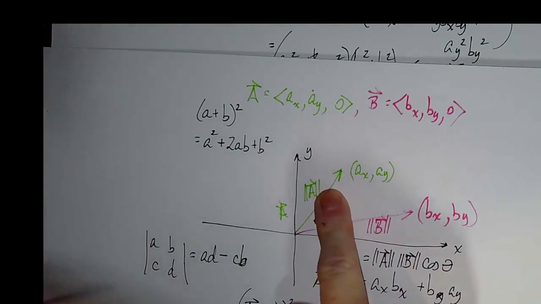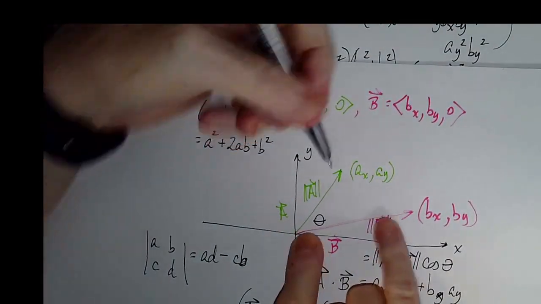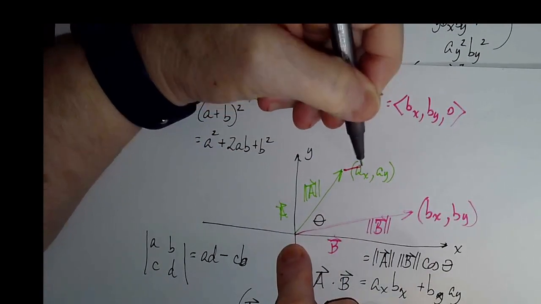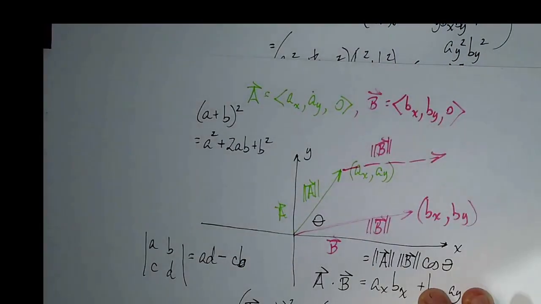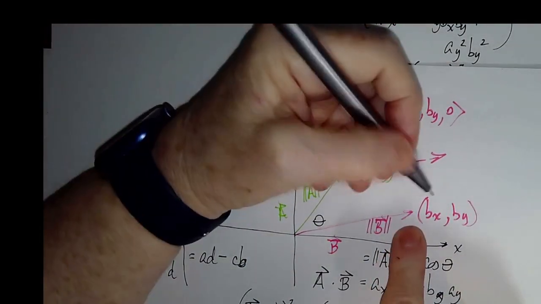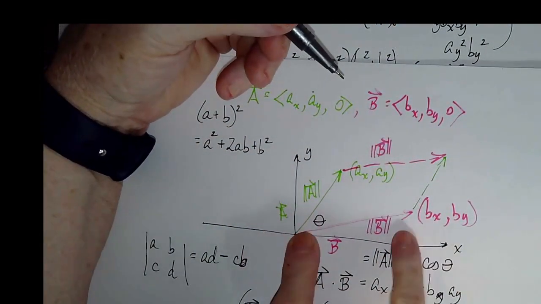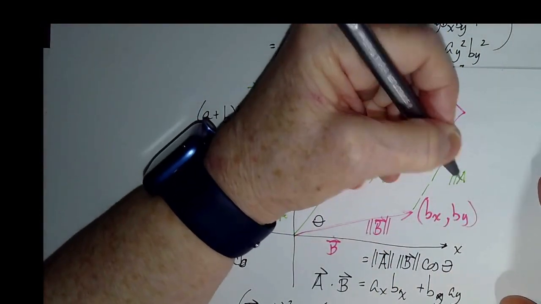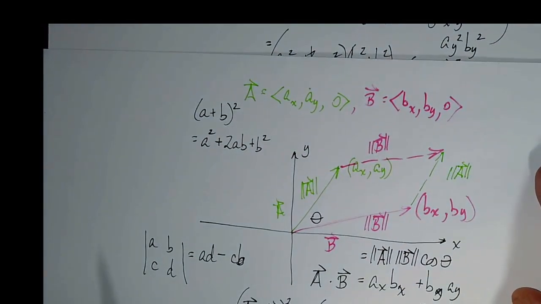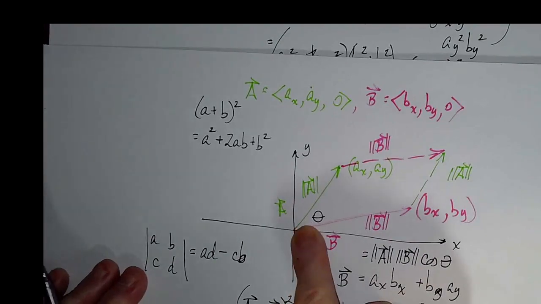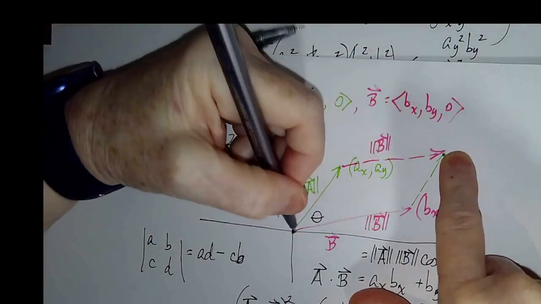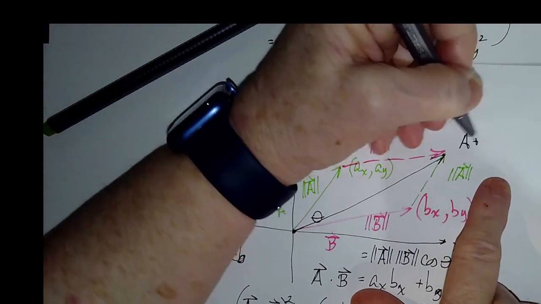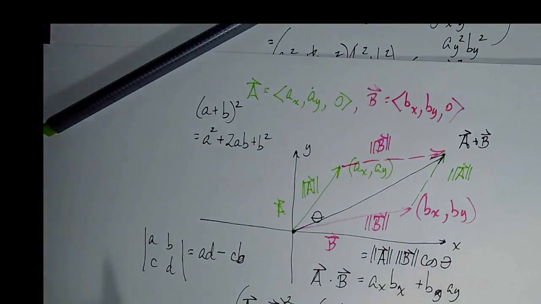And let's complete the parallelogram. I want to put B here at the head of A. And I want to put A here at the head of B, and its length is magnitude of A. And you know that the vector from the origin to the head is A plus B, but that's not where we're going right now.